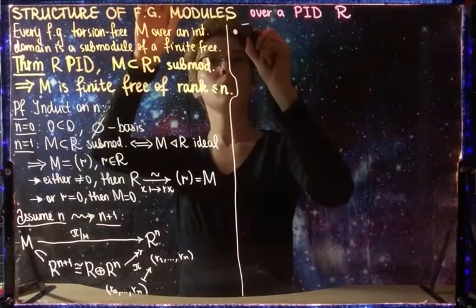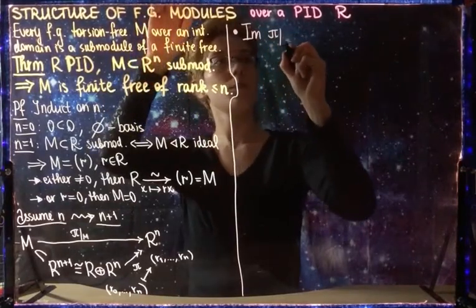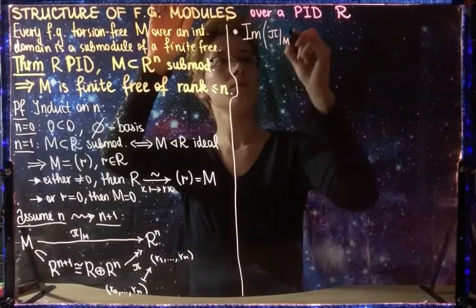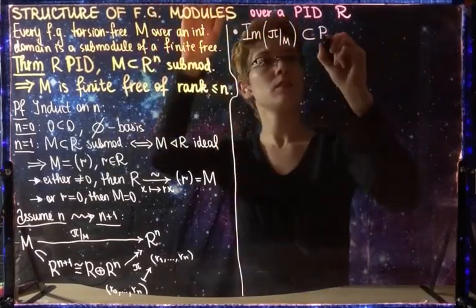So first, the image of pi restricted to M is a submodule inside of R^n.